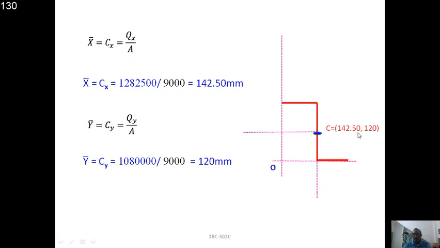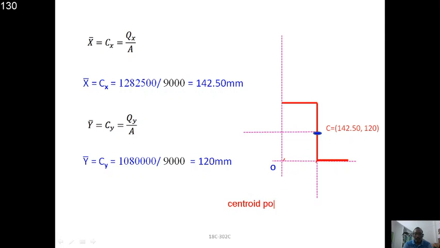This 142.5 is the x bar dimension. We know up to this point it is 135. From this point to this point it is 135, and up to this point it is 150. Hence your centroid lies on the web portion, right? Now the centroid is located in the web portion.